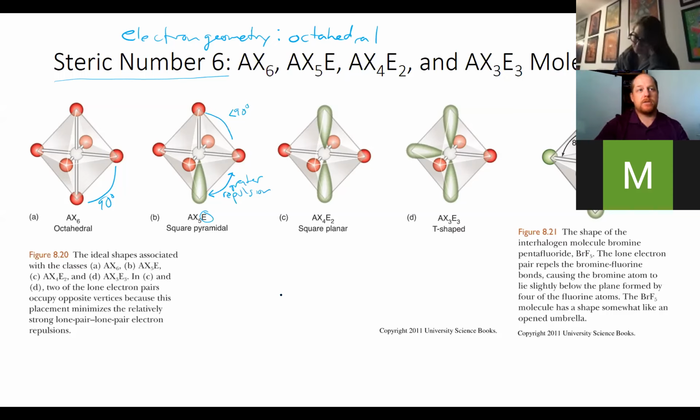So if you were to do a perspective drawing of something like AX6, something like sulfur hexafluoride, you'd have your sulfur in the middle. You could do it a couple of different ways.